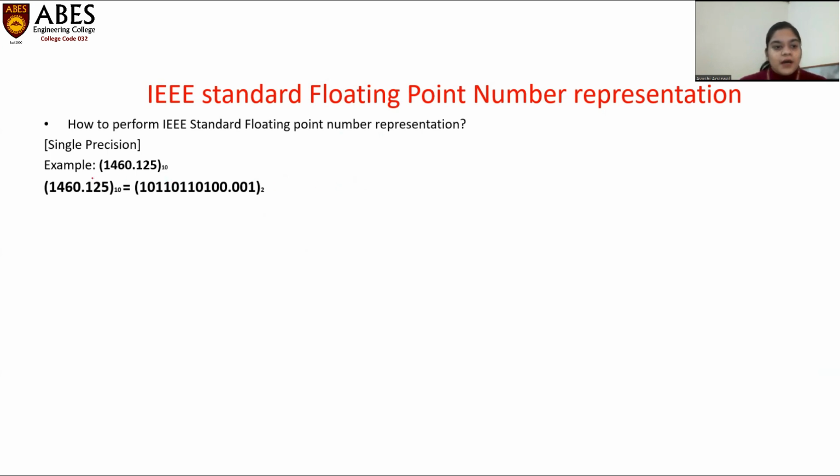First of all, let's see this example. I have taken a value as 1460.124 to the base of 10. That means this is our decimal number, and its equivalent binary number is this. Now let us understand the steps. Whenever you are provided with some decimal value for representing an IEEE standard, the first step is to convert that decimal value to its equivalent binary value.